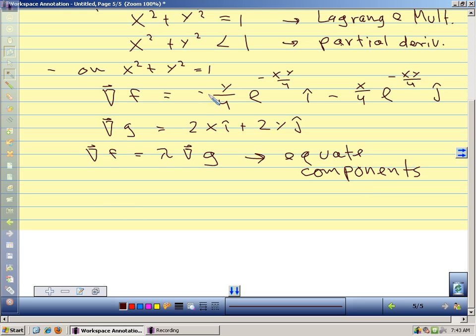So minus y over 4 e to the minus xy over 4 equals 2 lambda x, and minus x over 4 e to the minus xy over 4 equals 2 lambda y.